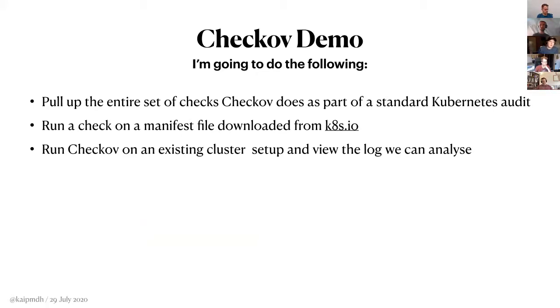But as the slides mentioned earlier, Checkov is incredibly opinionated out of the box. So you'll see it spits out a bunch of not errors as such, but just failed checks. And then we're going to run it on an existing cluster setup and view the log that it creates.